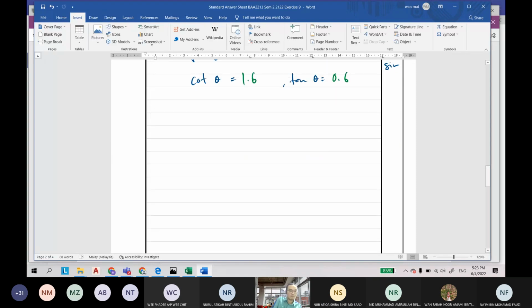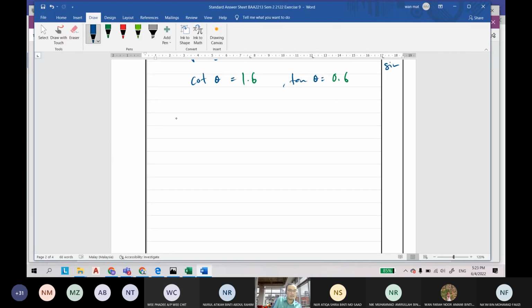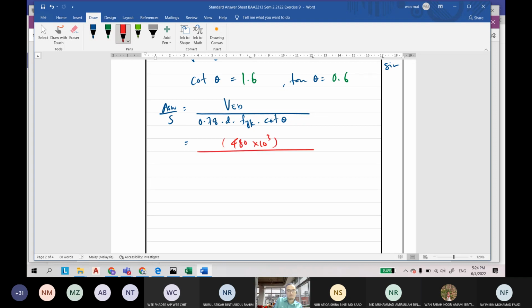So ASW over S is equal to VED divided by 0.78 times D times FYK times cotangent theta, where VED is equal to 480 now. So 0.78 times 500 times 500.